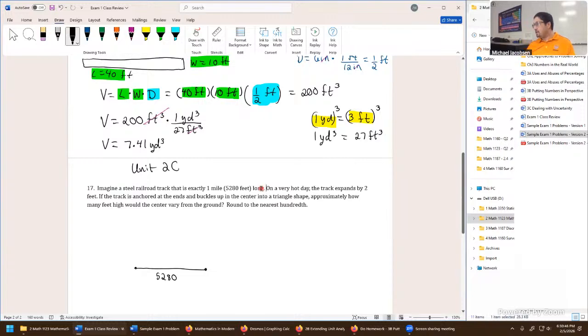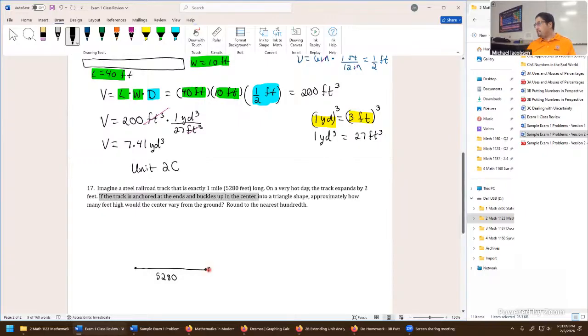We're told next, on a very hot day, the track expands by 2 feet. I don't know if that thermal expansion is completely realistic, but it might be. We have to ask the engineers on that. So this has gone 2 feet longer, but it's going to buckle. The track is anchored at the ends, so it's going to expand upwards, into the shape of a triangle.